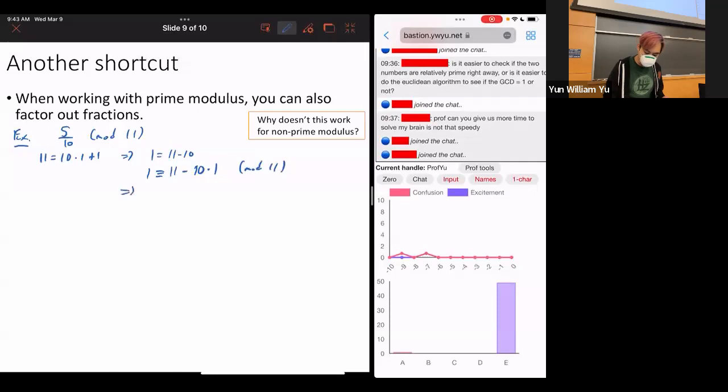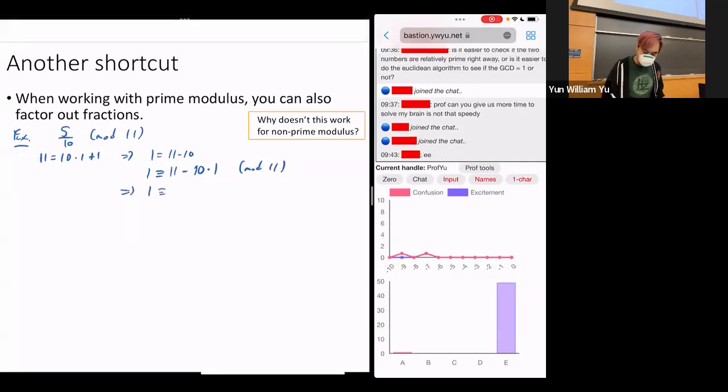And therefore, you know that 1 is congruent to 10 times minus 1 mod 11, which implies that 1 over 10 is congruent to minus 1 mod 11. And therefore, 5 over 10 is congruent to 5 times minus 1, which is congruent to minus 5, which is congruent to 6 mod 11.